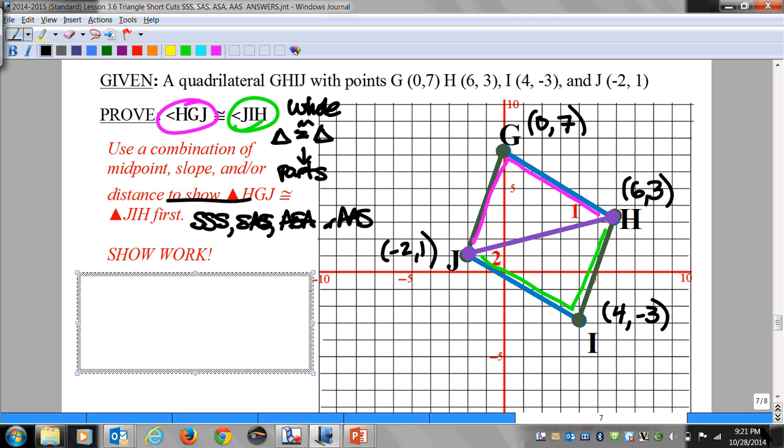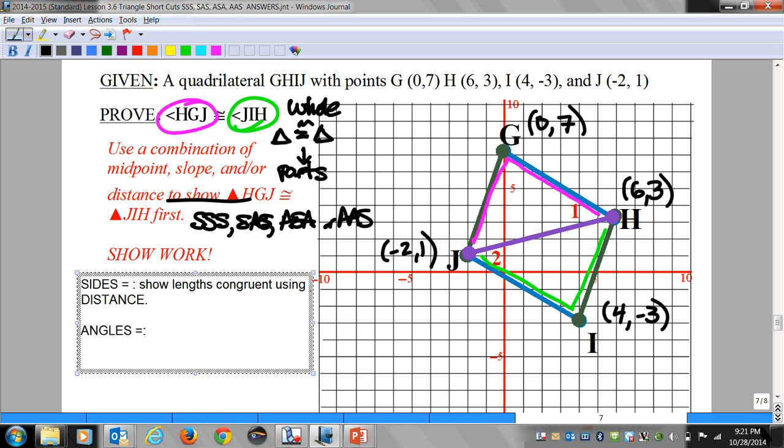We only have sides and angles here on a coordinate plane. To show sides are congruent, all you need is to show lengths congruent using the distance equation. In order to show angles congruent, you cannot show that directly. There's no midpoint, slope, or distance that can directly show the measures of angles.